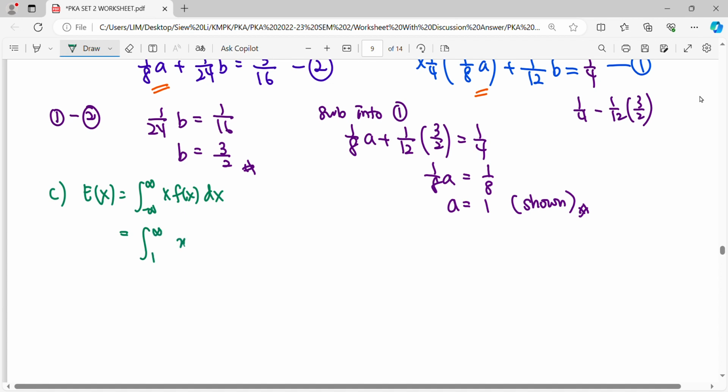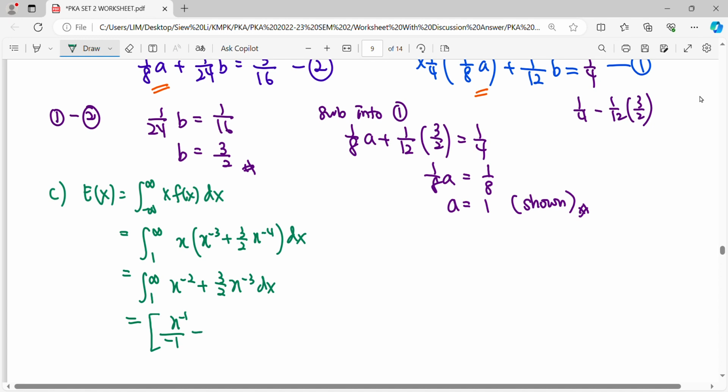So x times the function from just now is x negative 3 plus 3 over 2 x negative 4, dx. We do the multiplication first, expand, integrate from 1 up to infinity: x power negative 2 plus 3 over 2 x power negative 3. Then we start to integrate: power plus 1 over new power.